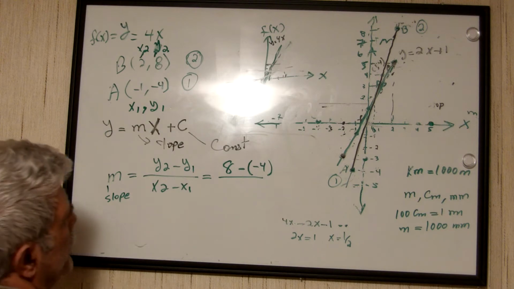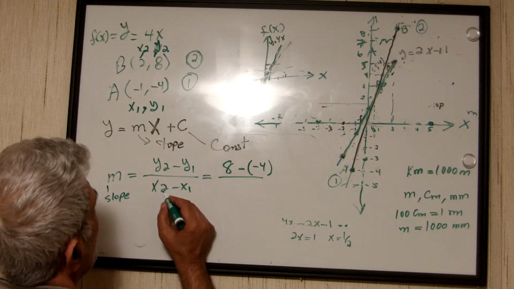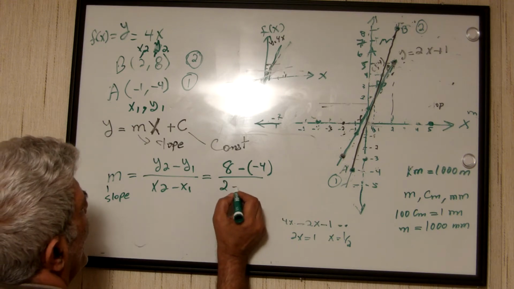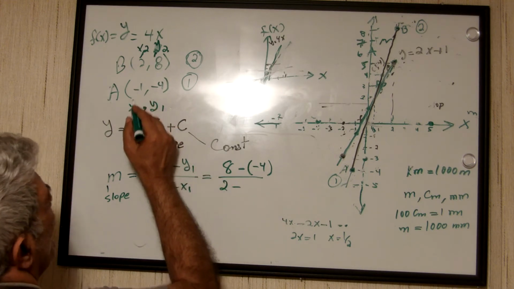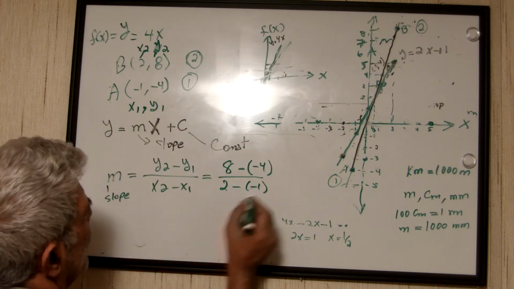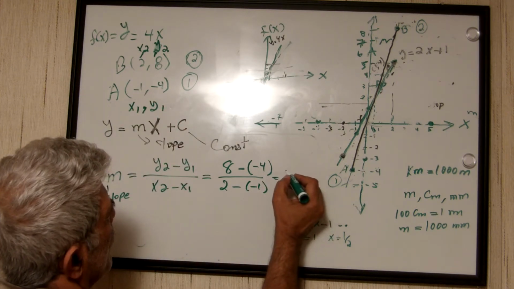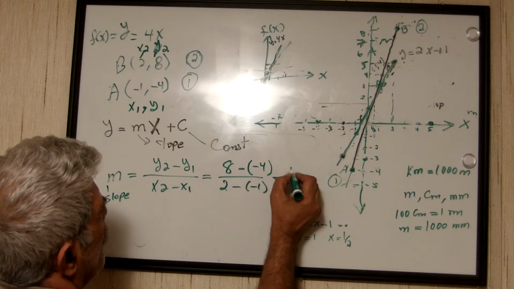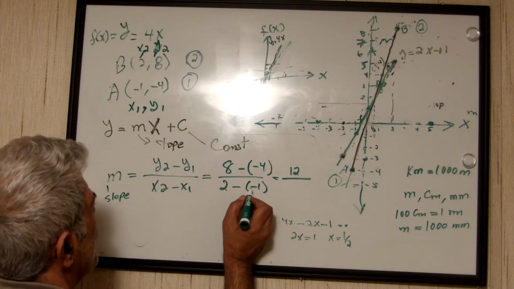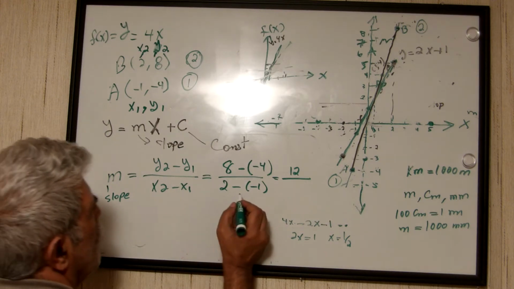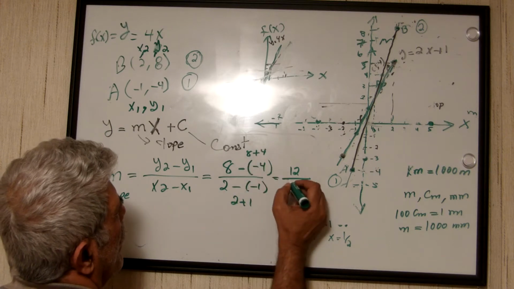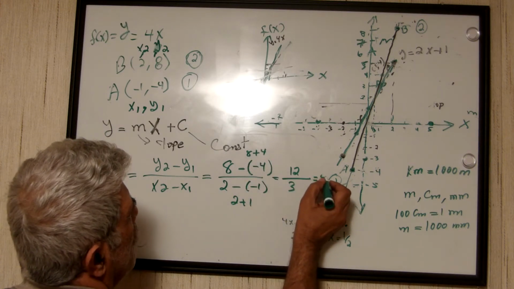And then x2, what is x2? x2 is 2 minus, and then we have -1 here. x1 is -1. What is going to be the answer? It's going to be 8 plus 4, 12, over 2 plus 1, because minus times minus is plus. So 12 over 3 is equal to 4.